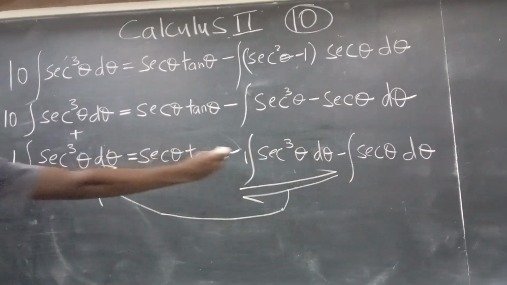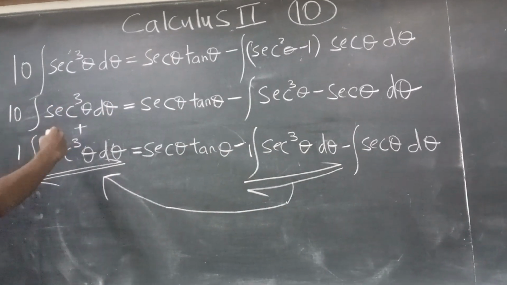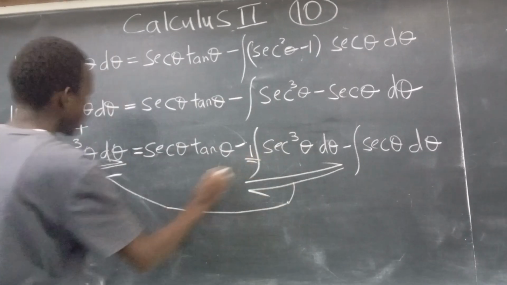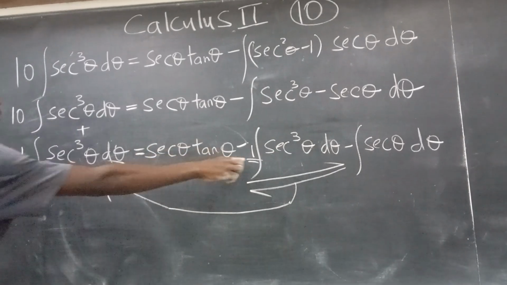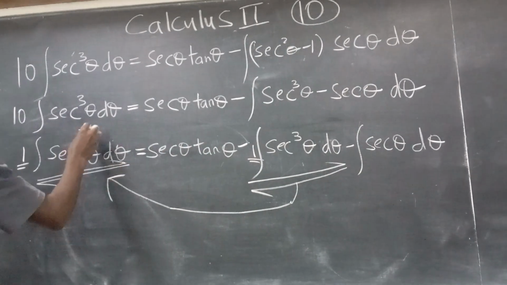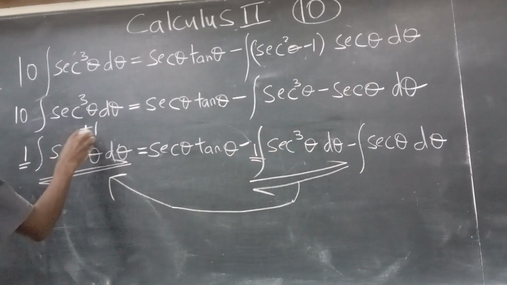So I'm taking this to this other side. It's just the same replica, but now we'll have to add our coefficient. So 1 plus 1, when it comes to this other side, it will be plus 1, so it will be 1 plus 1.